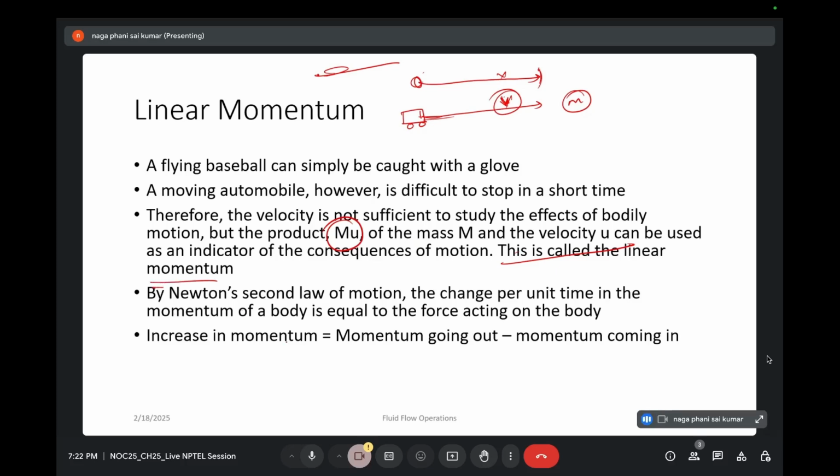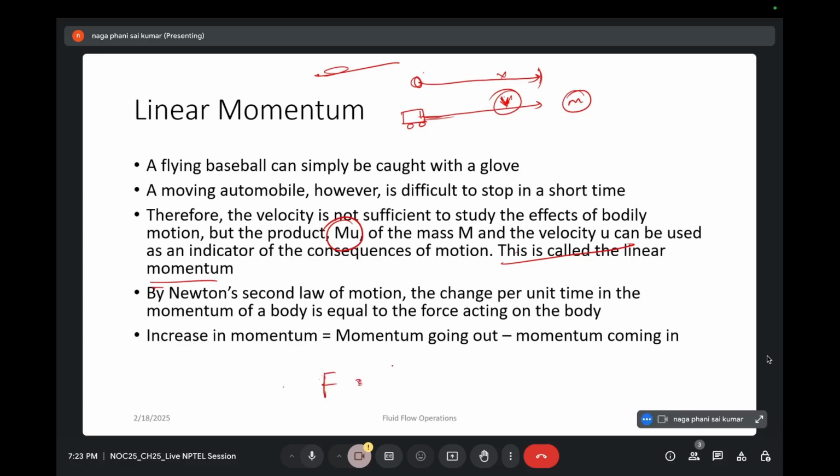Okay, so by Newton's second law of motion, the change per unit time in the momentum of a body is equal to the force acting on the body. That is, increase in momentum is equal to momentum going out minus momentum going in. So according to Newton's second law, force is nothing but the change in momentum of the body.